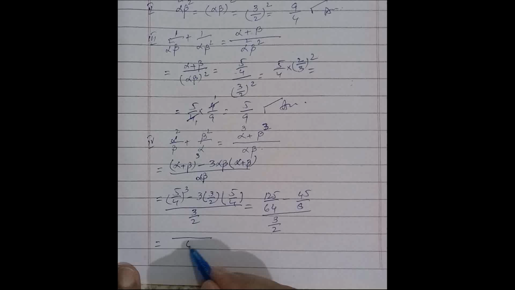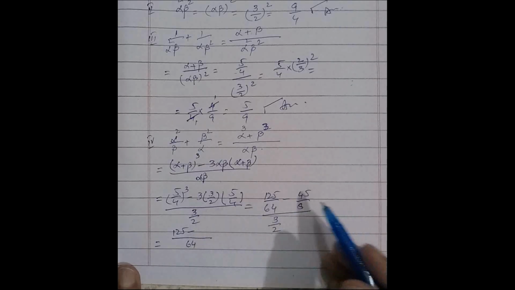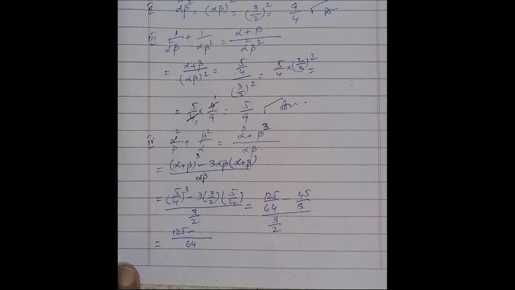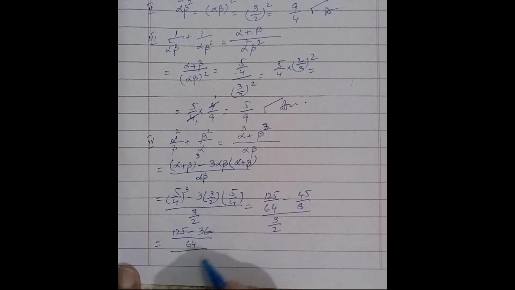Take LCM, which is 64, 125 minus 64 divided by 8, we get 8, 8 8s are 64, and then multiply 45 with 8, we get 360, over 3 over 2.